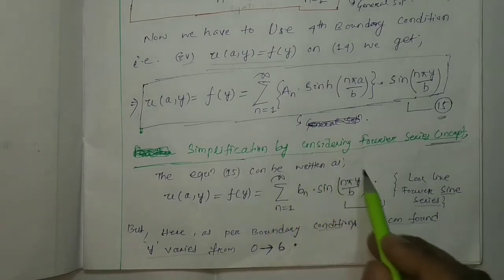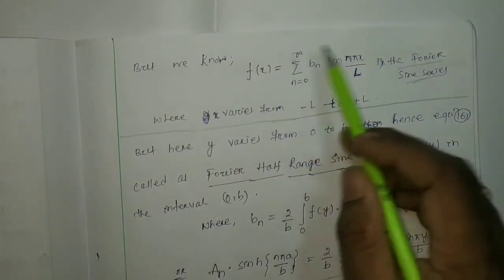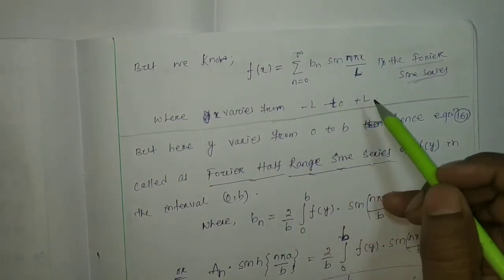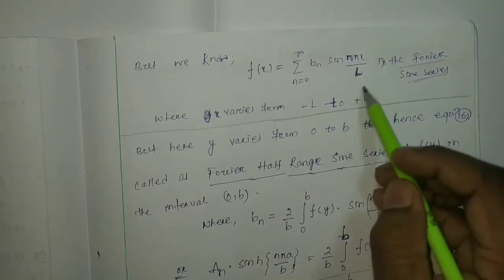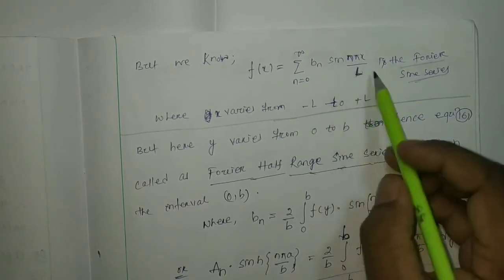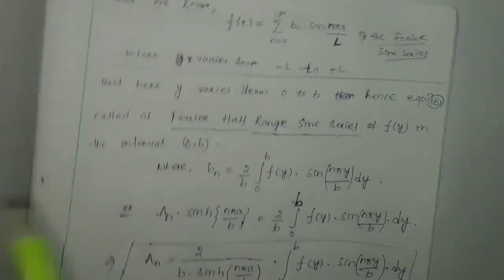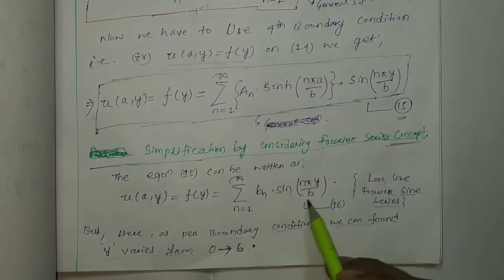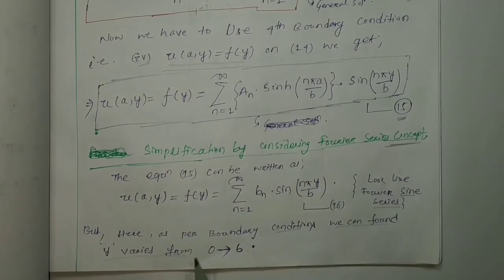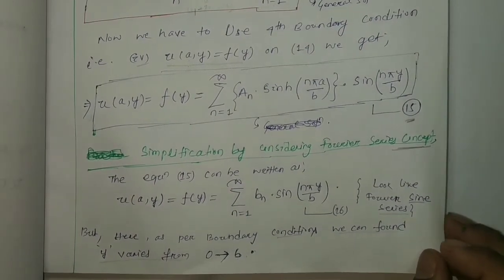This equation and that equation are exactly the same, but here l varies from minus L to plus L, so we can say this is nothing but the Fourier sine series. But here, in sin(n pi y by b), b varies only from 0 to b, from the boundary condition we found.